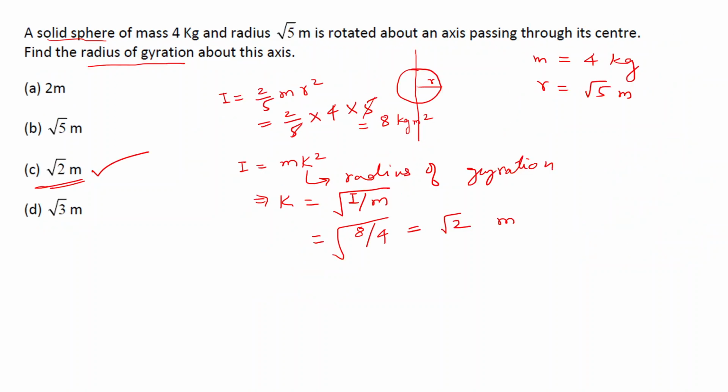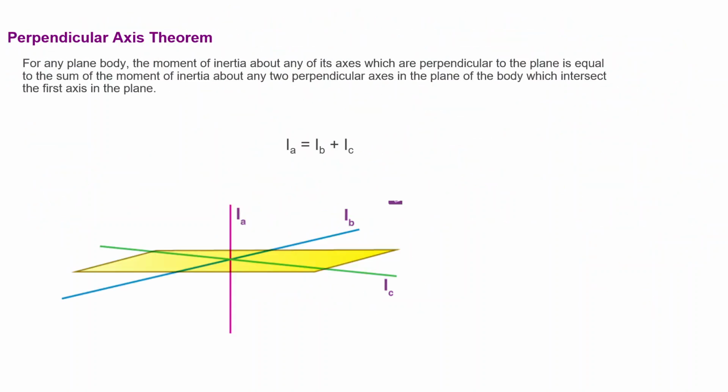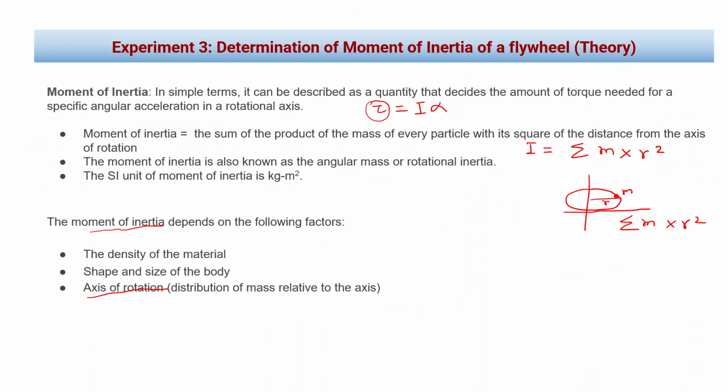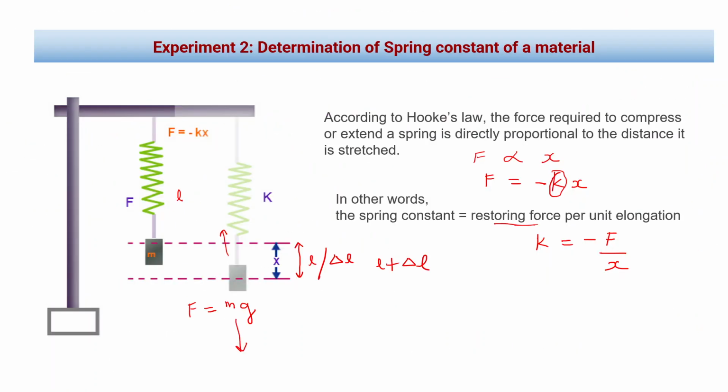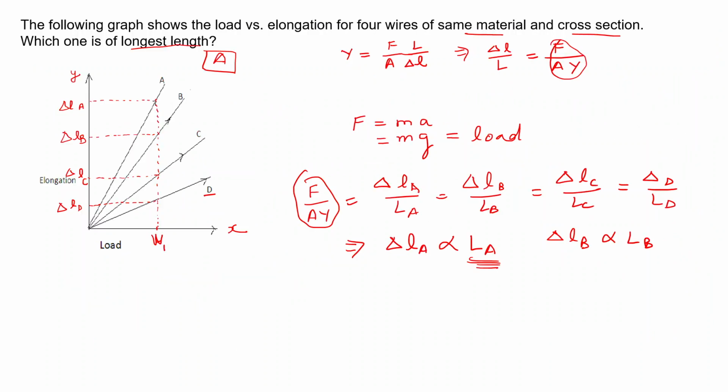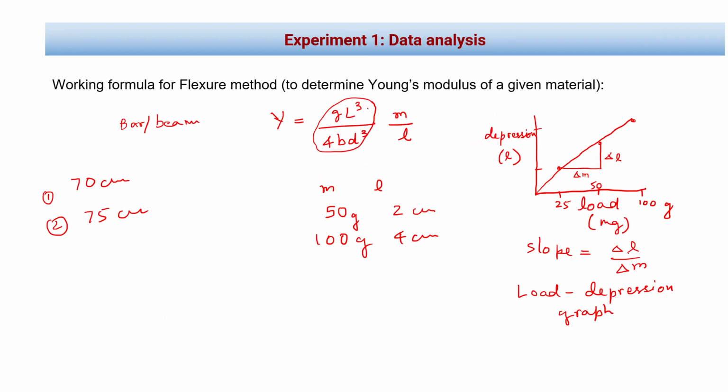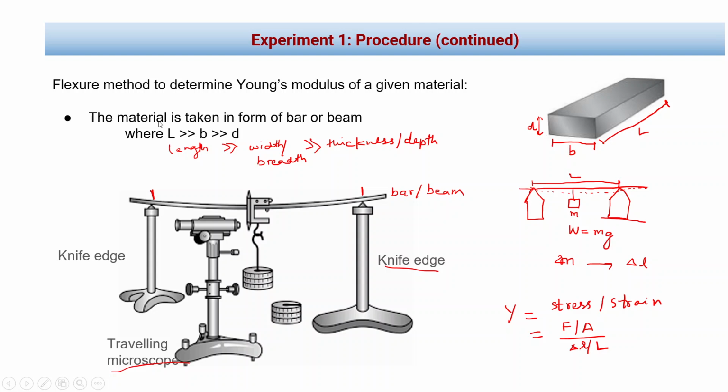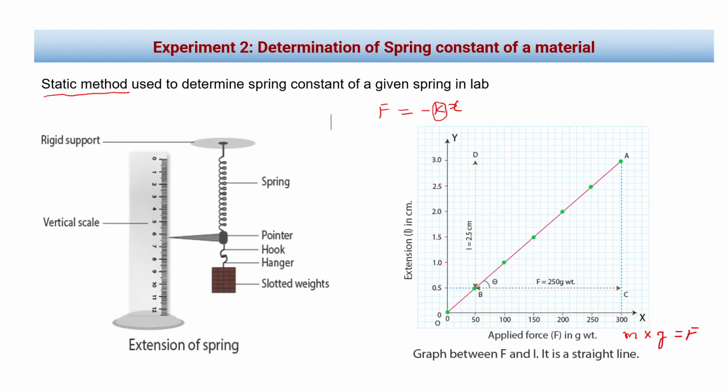So basically in this interactive session, in the last class we had talked about the elastic modulus. Based on that we understood how to determine the Young's modulus through this experiment. We did questions based on this. Then we understood another experiment where we had to determine the spring constant of a helical spring.